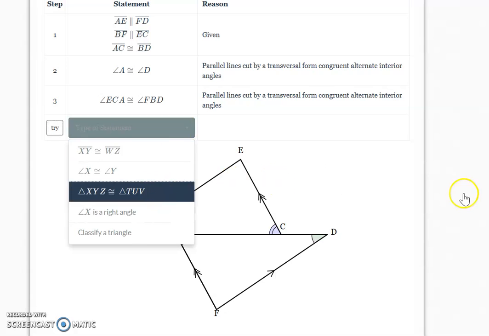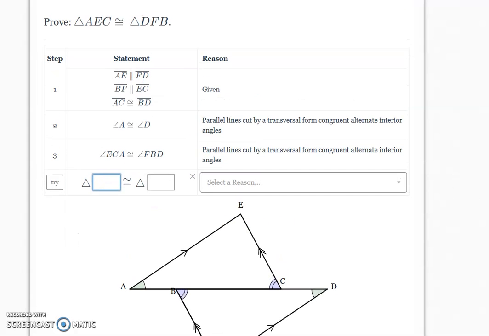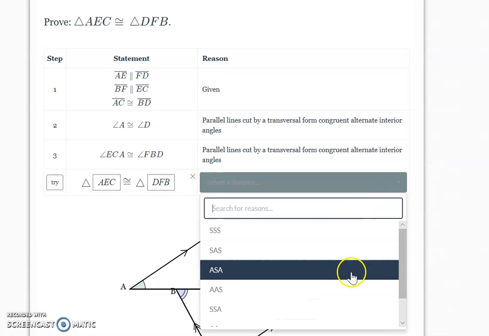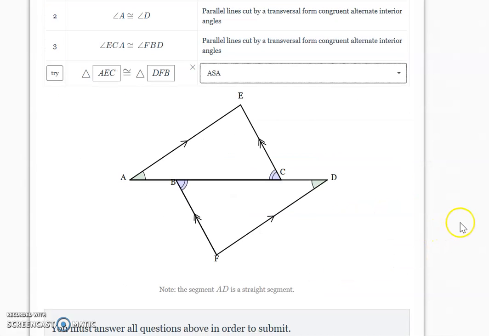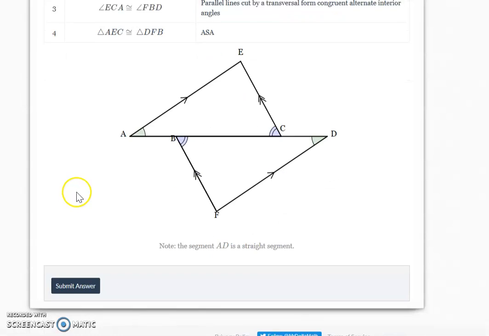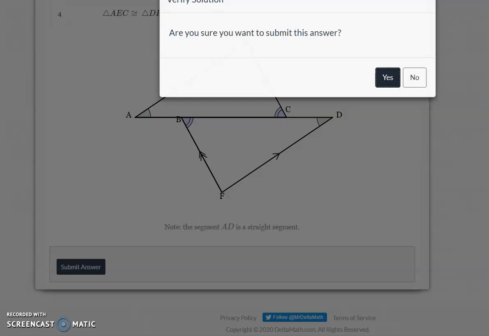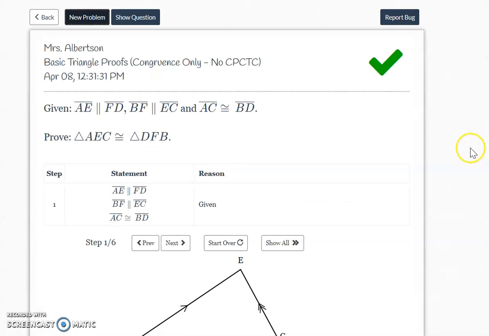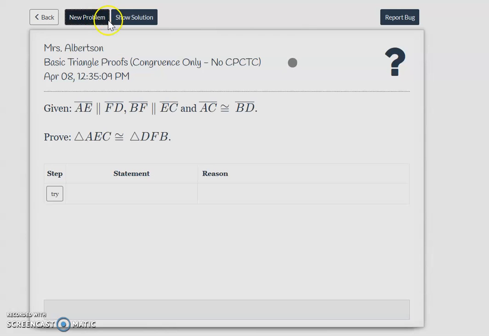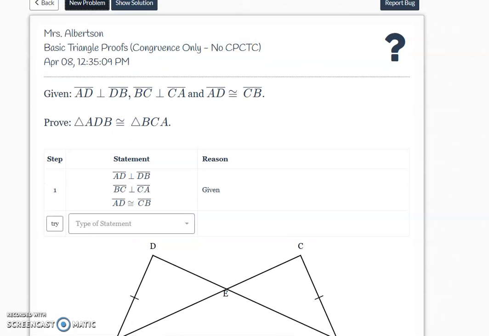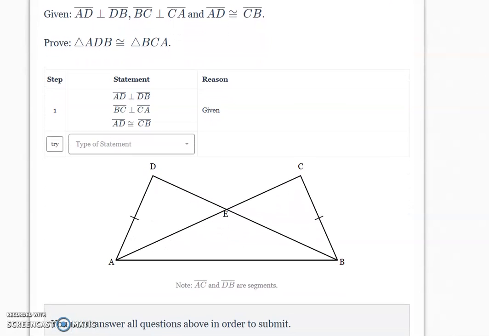If we go to our triangles, we're going to say AEC and BFD, and we said this was angle, side, angle. So insert that in there and submit our answer, and we're good to go. All right, let's see. Oh yeah, let's get some with perpendicular here.